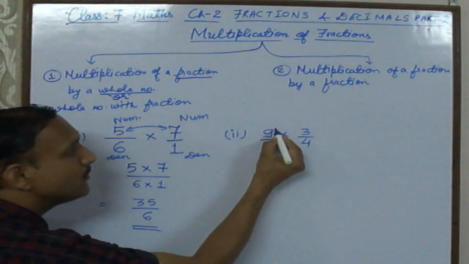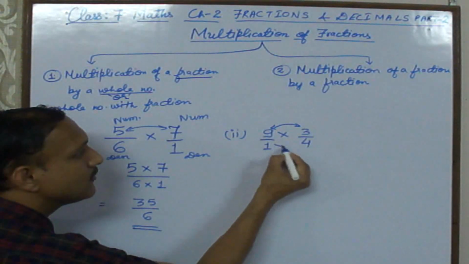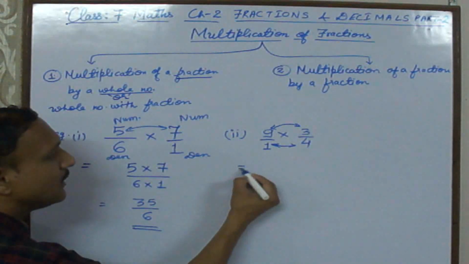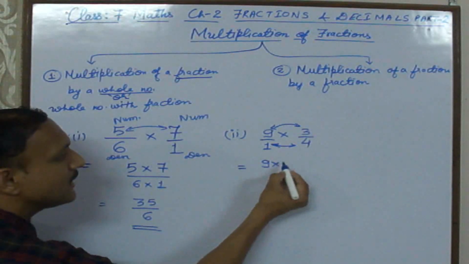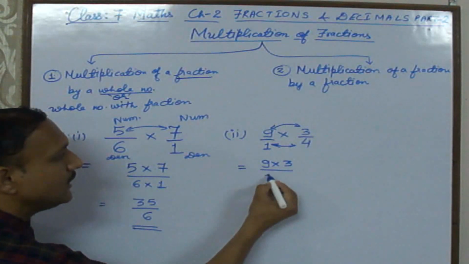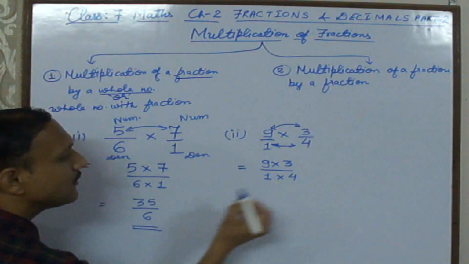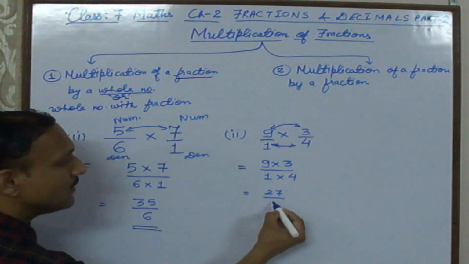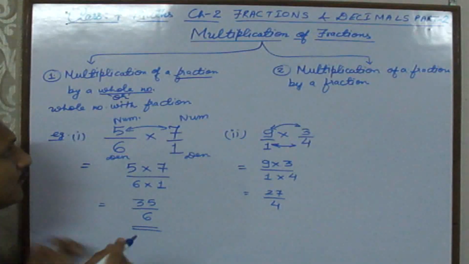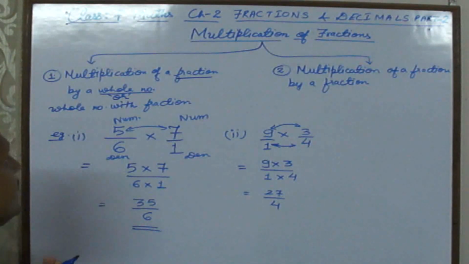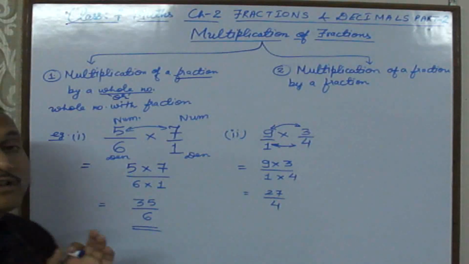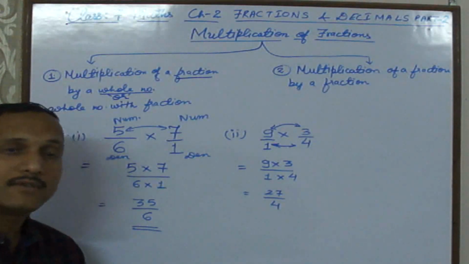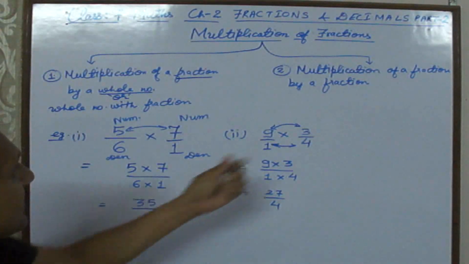Now multiply numerator with numerator, 9 into 3, and denominator with denominator, 1 into 4. 9 3s are 27 and 1 4 is 4. So in this way we can very easily find the multiplication of a fraction by a whole number or a whole number with a fraction.